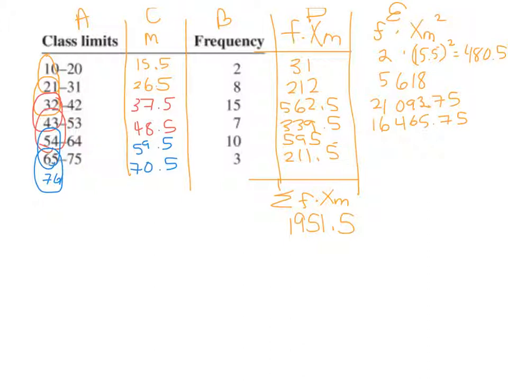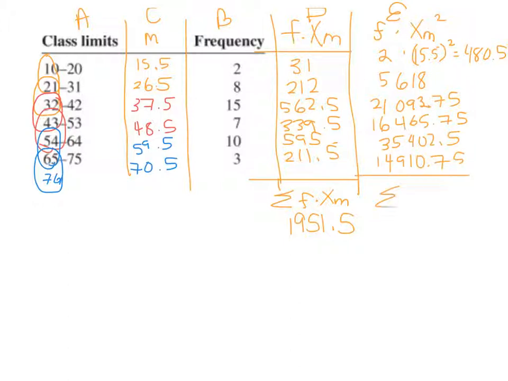And then it's multiplied by its frequency. 35,402.5. And then 70.5 gets squared, times by its frequency of 3. 14,910.75. And then you get to add all of this up.